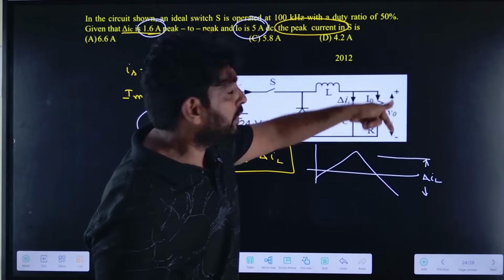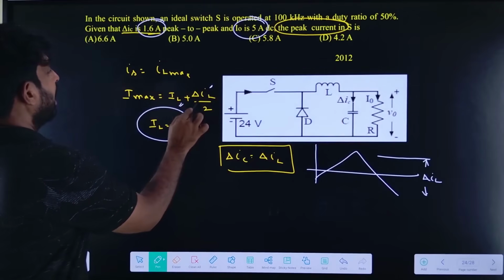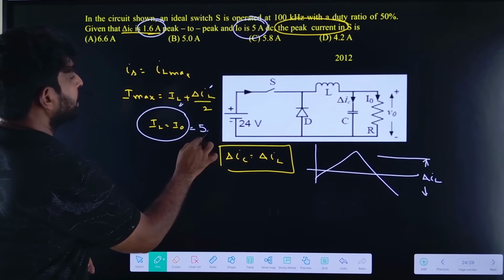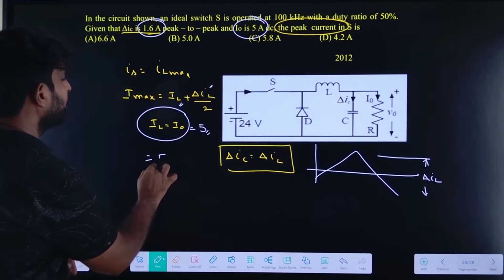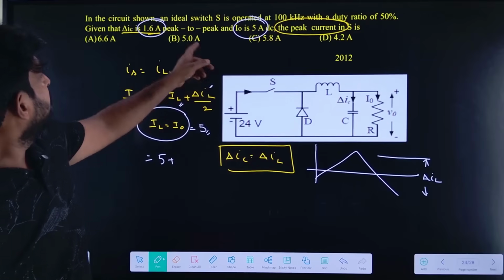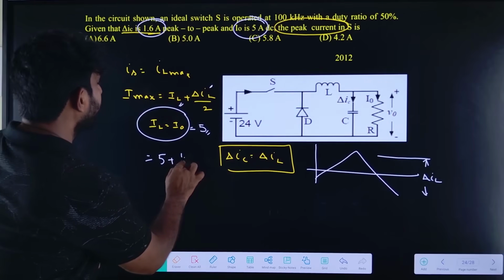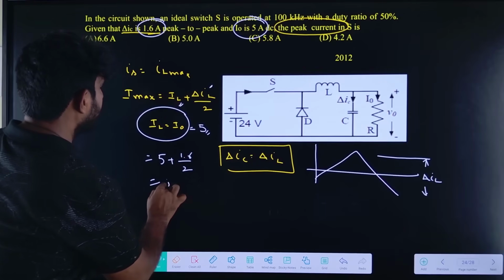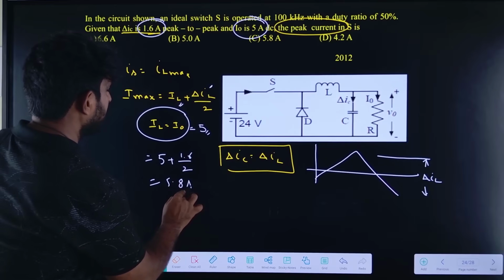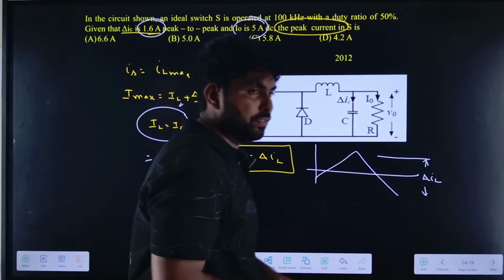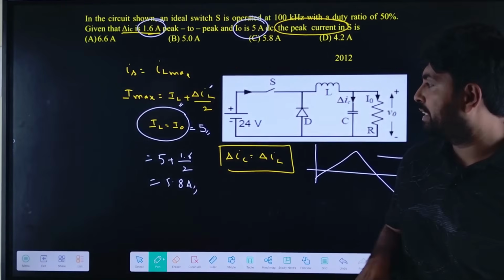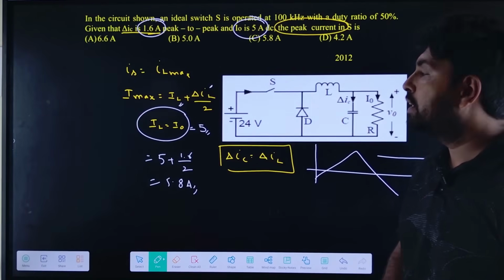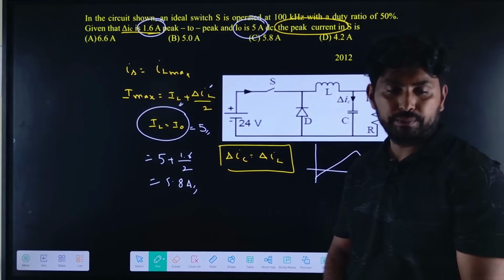So IL equals 5, plus delta IL by 2, so 1.6 by 2, which is equal to 5.8. Which is very easy. First read the data, understand the concept, and you can find the answer.